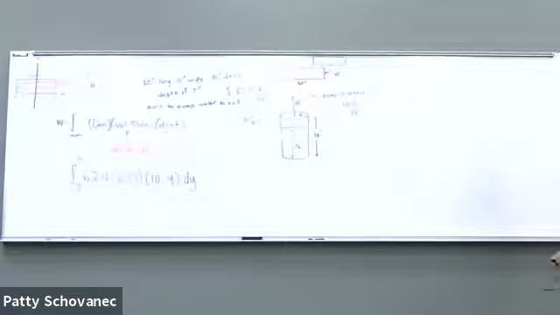There's the story. An 18-foot high tank is buried 14 feet below the surface. The tank is only filled to a depth of 16 feet with oil weighing 50 pounds per cubic foot. Pump all of that oil to the surface.